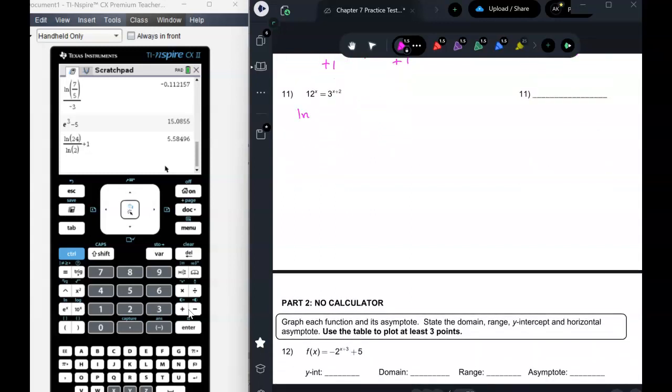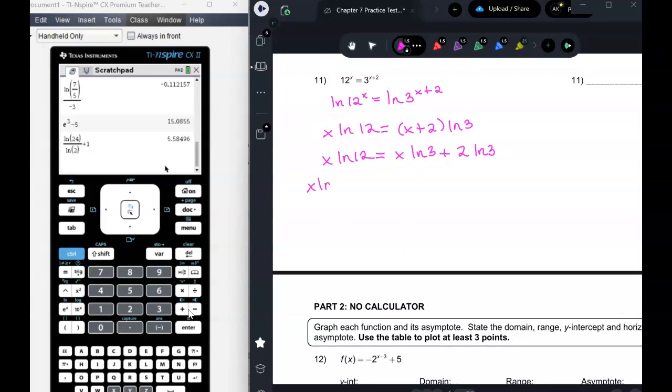Okay, natural log of both sides. So x moves to the front, and x plus 2 moves to the front. Okay, this one's a little more difficult. We definitely did ones like these in our notes. Well, we have to distribute on the right first. So we have x times natural log of 3. This is where we have to get the x's on the same side and then factor it out.